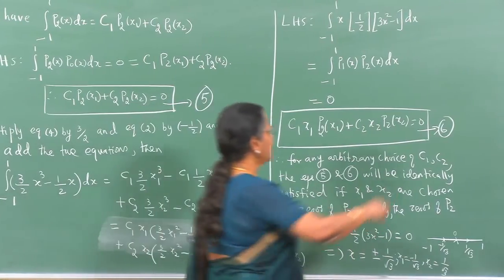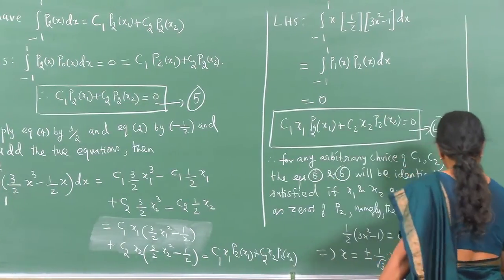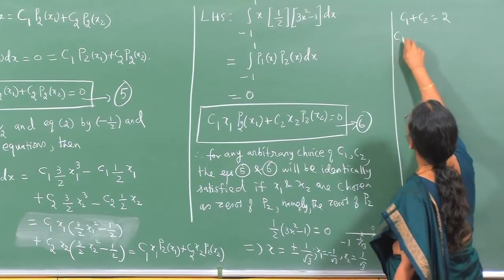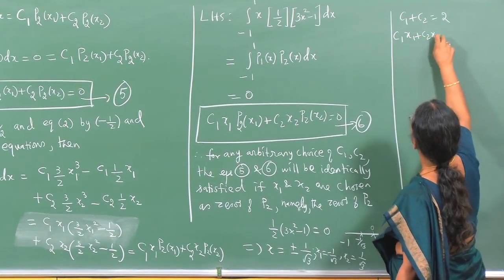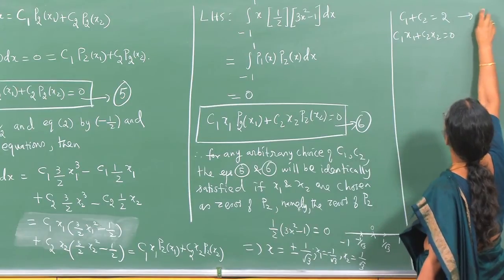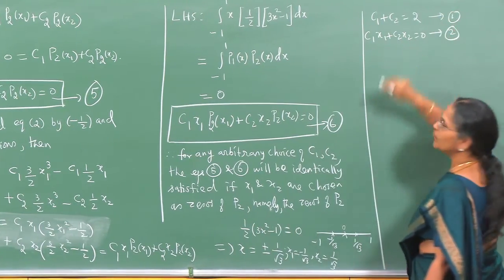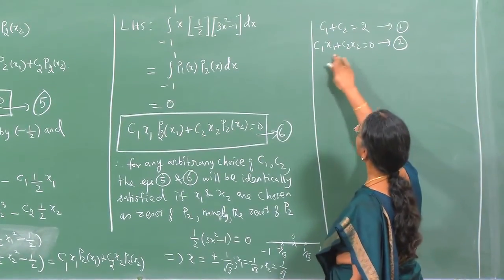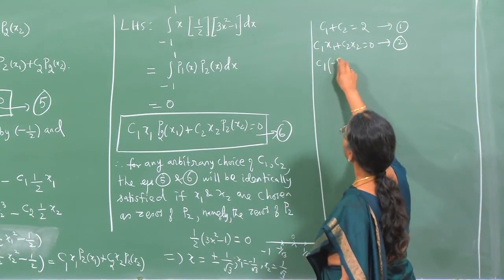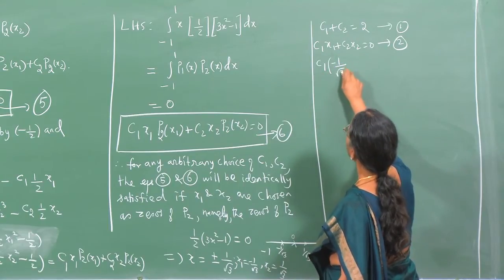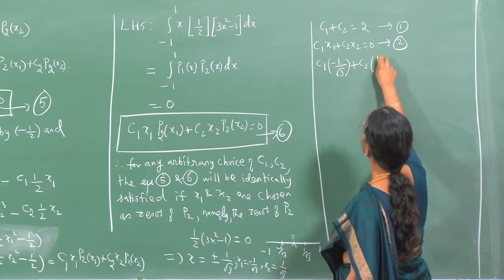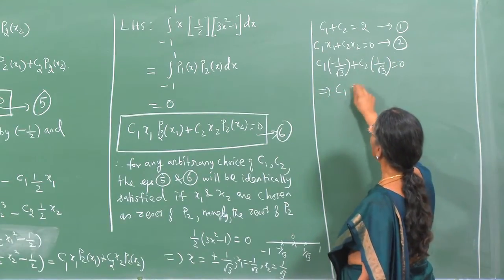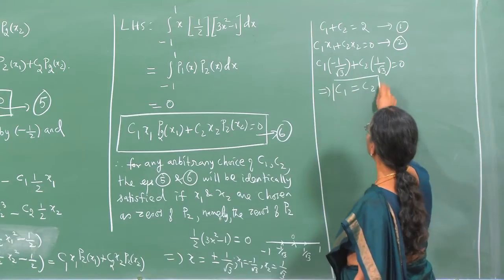So, we consider the first two equations, namely C1 plus C2 is equal to 2, C1 x1 plus C2 x2 equal to 0. These are the first two equations which we had written down. Now that I have determined x1 and x2, it is C1 into minus 1 by root 3 plus C2 into plus 1 by root 3, and that is 0, which shows that C1 is equal to C2.